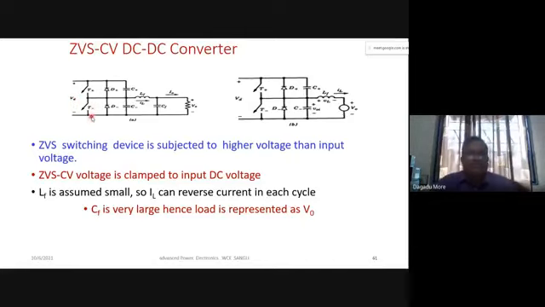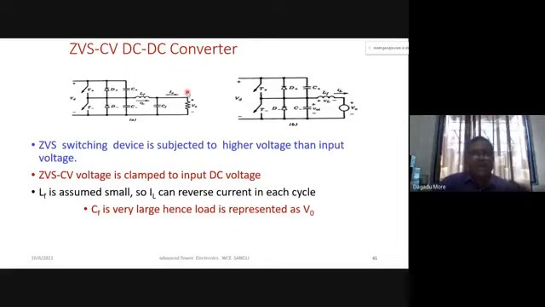So this is a DC to DC converter. Our input voltage is VD. It consists of two fully controlled switches, T plus and T minus, diodes, and two capacitors, and the filter inductance LF and capacitance CF, and this is I0 and this is the load resistance.